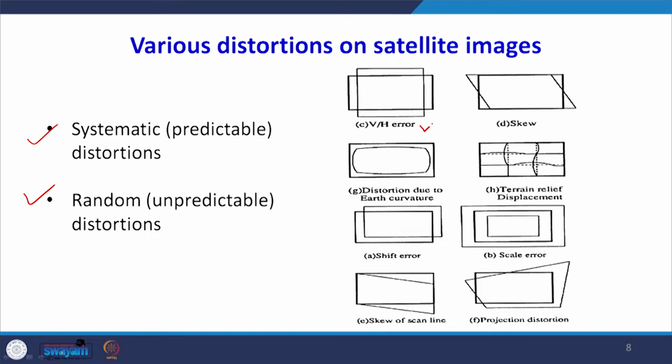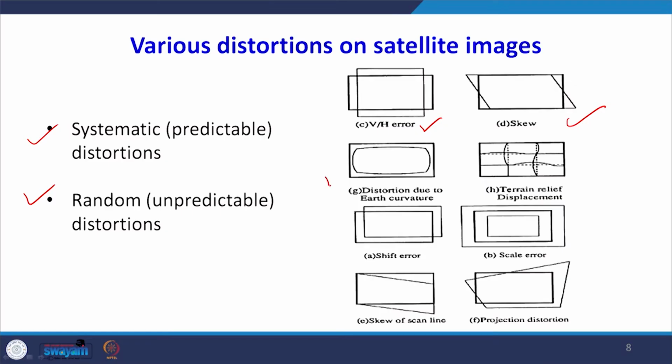This is due to the error in the height. If there is an error in the height, then a V by H error is there, and you may have a different coverage in the subsequent images. Then the skew error could be present, where the data is skewed because of the moving part of the scanner, as well as the movement of the satellite in the orbit and the rotation of the earth.